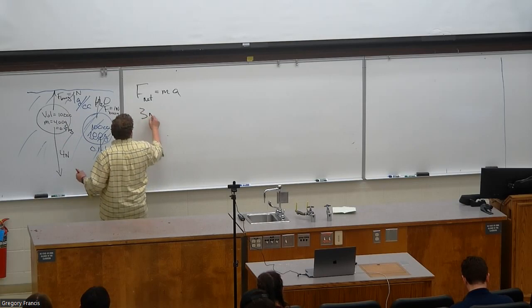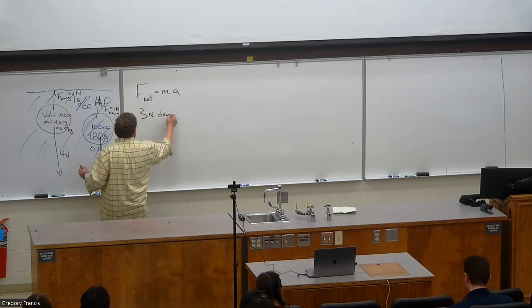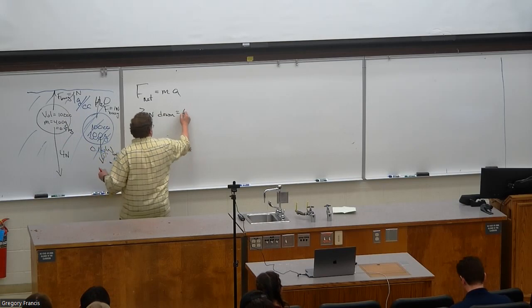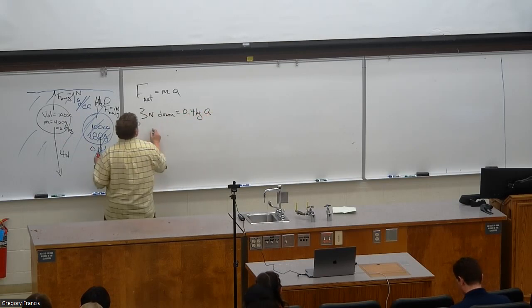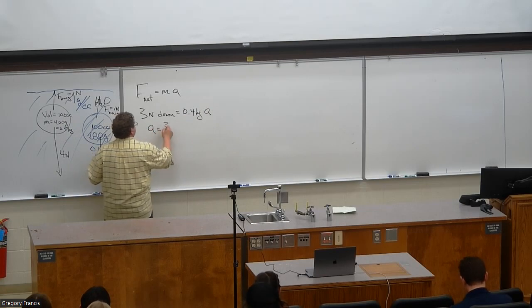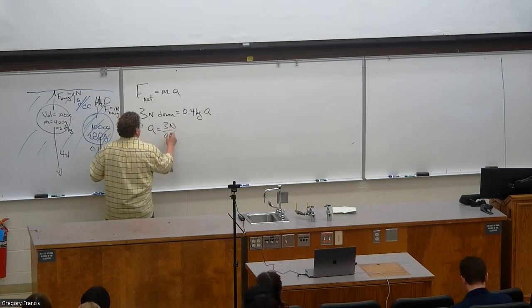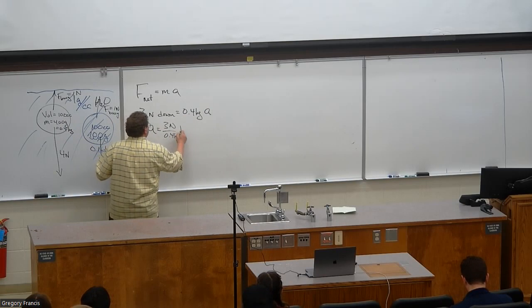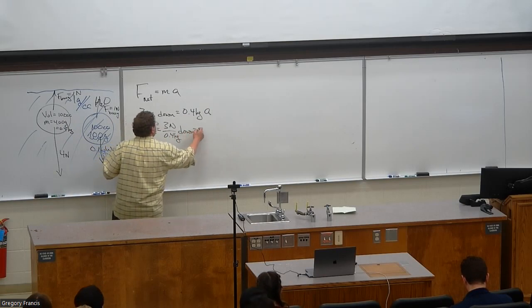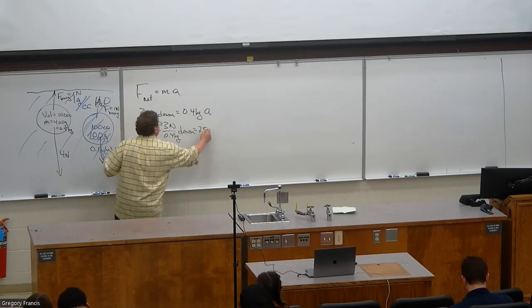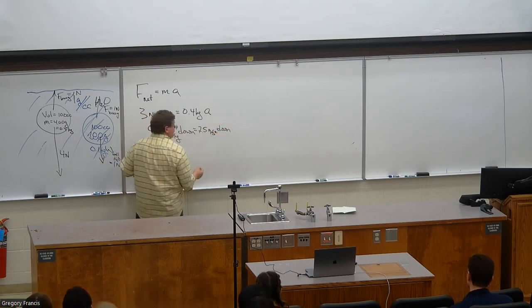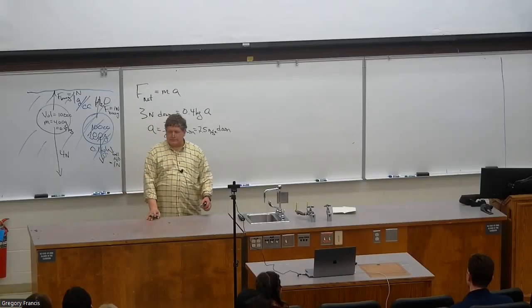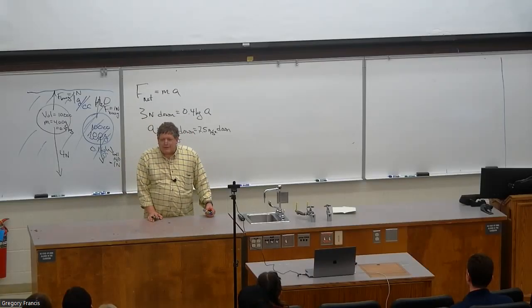The mass is 0.4 kilograms. And so my acceleration is going to be 3 newtons divided by 0.4 kilograms, down. And that's going to be 7.5 meters per second squared down. It's going to sink like a rock because, well, it's a rock.